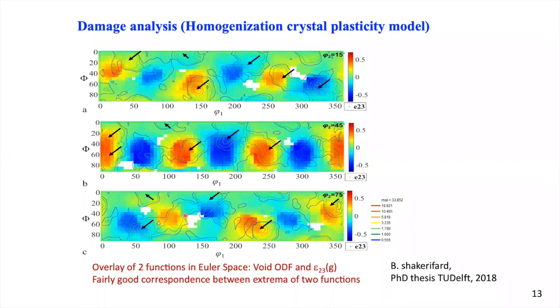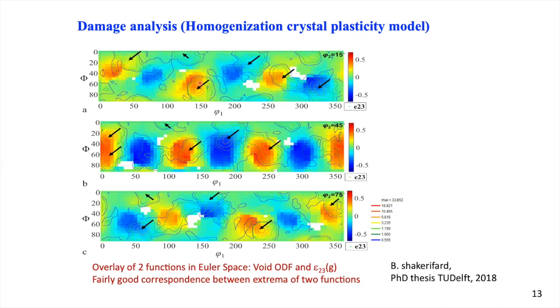So the stress and the strain is dependent on the crystallographic orientation. And you would expect, I think it's a reasonable expectation, that where you have extrema of stresses and strains at interfaces between different crystal orientations and different phases, these sites in the microstructure are most susceptible to fracture. And actually this is what we observe in these graphs.